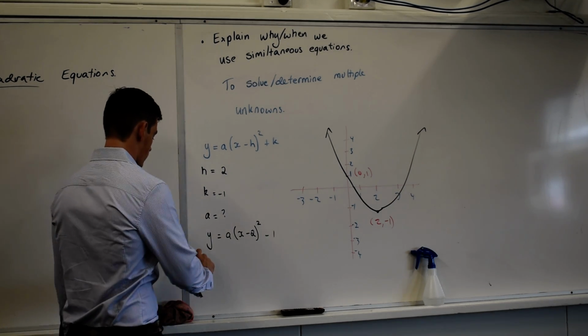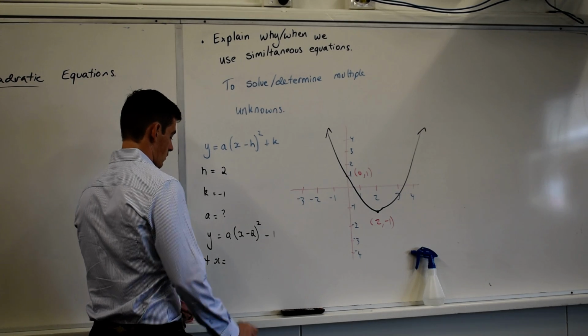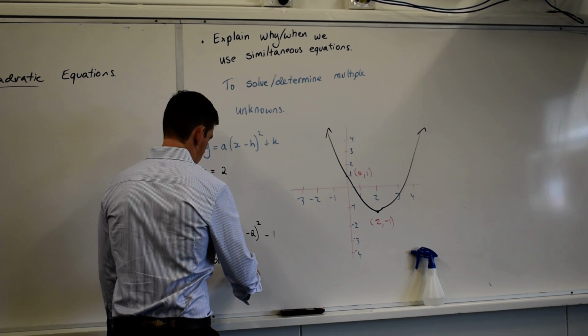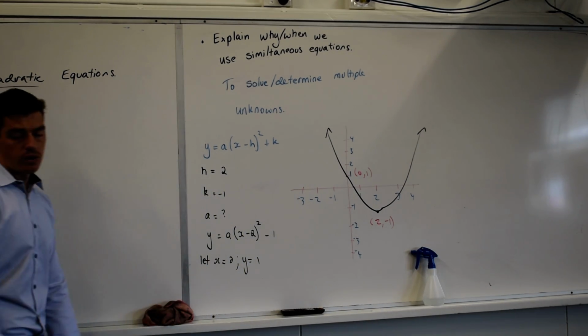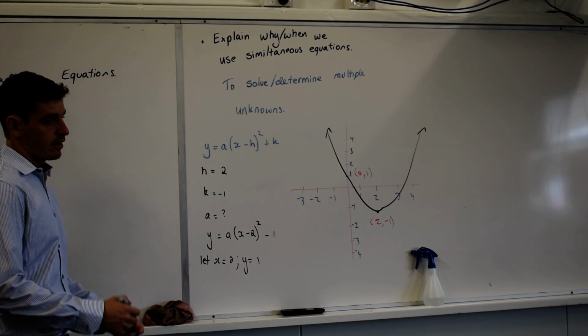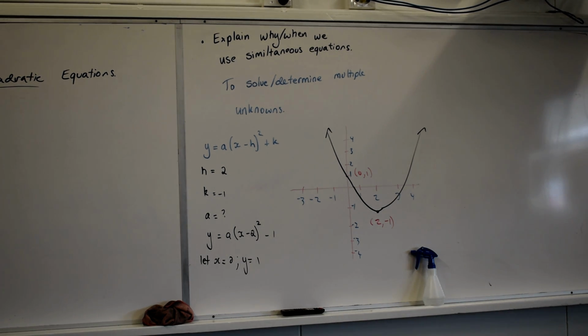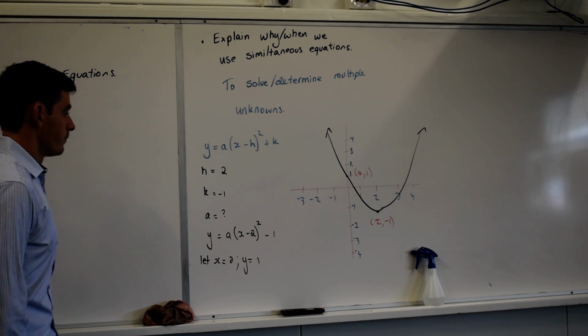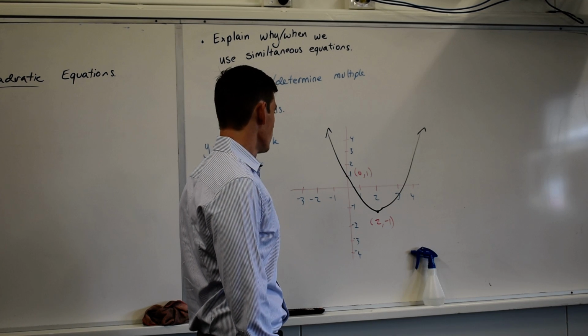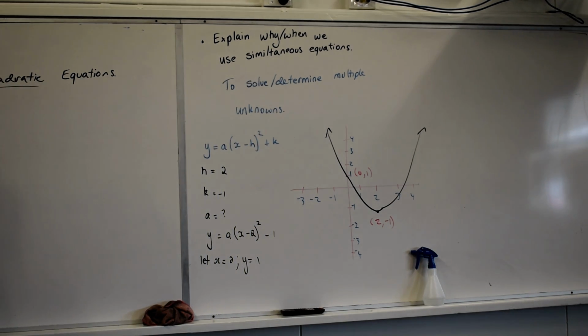So let x equal 0 and y equal 1. How many unknowns do I have now? One. So I want you to solve for that one. That's one that doesn't require simultaneous equations. I'll give you a bit of a break and a chance to do a couple of those, and then we'll come back to the simultaneous equation stuff.